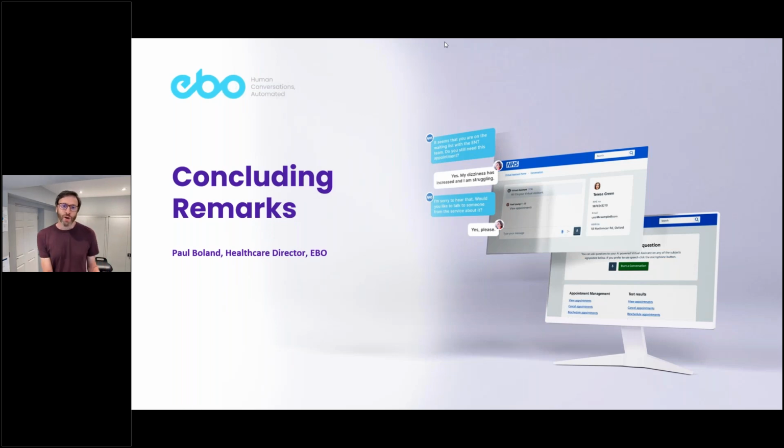Yep, perfectly. Great, fantastic. So I suppose I'd just like to close by maybe summarizing. Hopefully this morning you've seen an intelligent patient portal that's designed with accessibility and usability at its core.